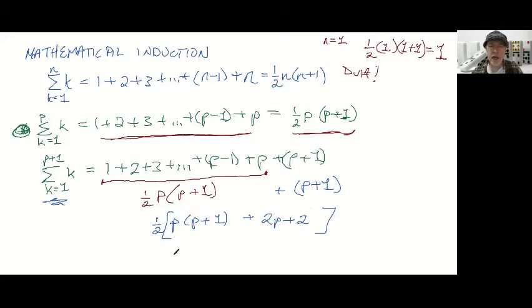Alrighty. And now let's sort this out a little bit more. We've got 1/2. We'd better do some expanding. p squared plus p plus 2p plus 2. And now we can combine these two terms right here.